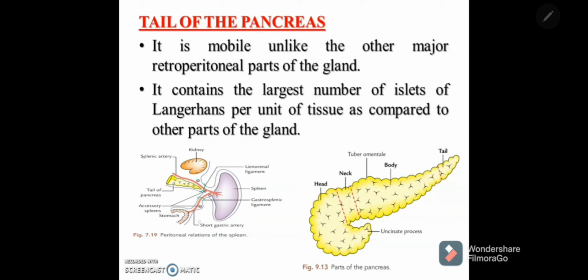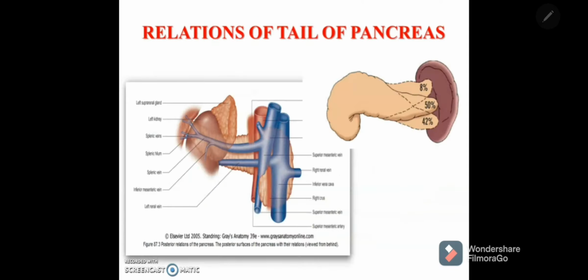It has the largest number of islets of Langerhans per unit of tissue compared to the other parts. You can see it has variations. 50% is related to the hilum, 42% to the lower part of the hilum, 8% related to the upper part of the hilum of the spleen.